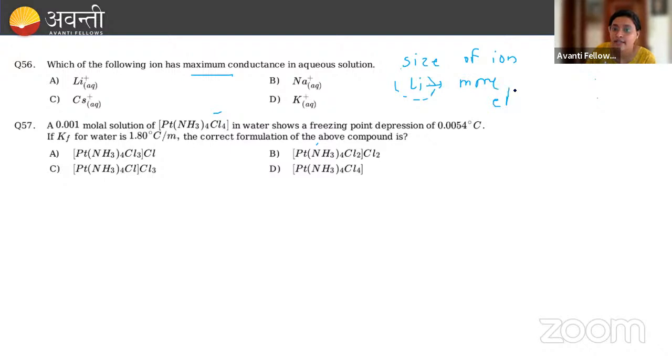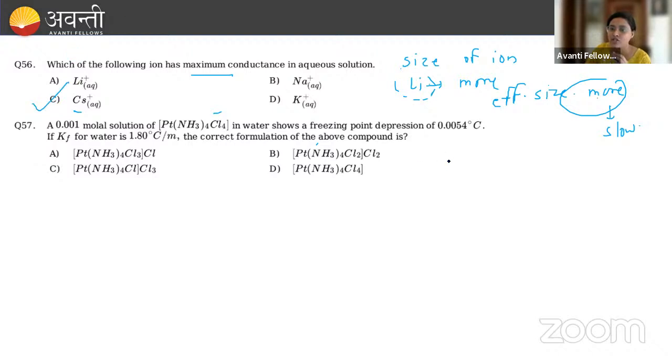Due to its smaller size, it will combine with the surrounding molecules, and that's why its effective size will be more and its speed will slow down. But since cesium plus is already bigger in size, there will be less hydration around it, so it will have lesser resistance in the solution, and so it will have the maximum conductance in aqueous solution.